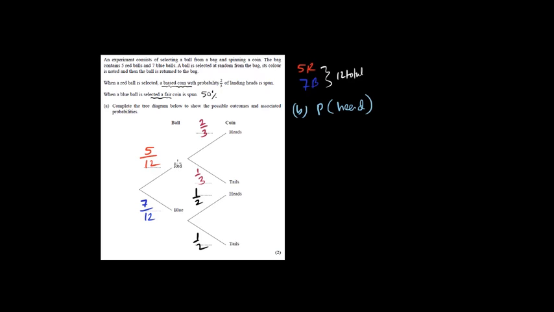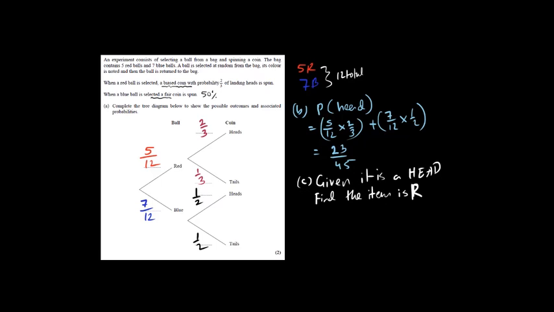Head has 2 permutations, red and head or blue and head. That means 5 by 12 into 2 by 3 or 7 by 12 into 1 by 2. So 23 by 45 is the probability.